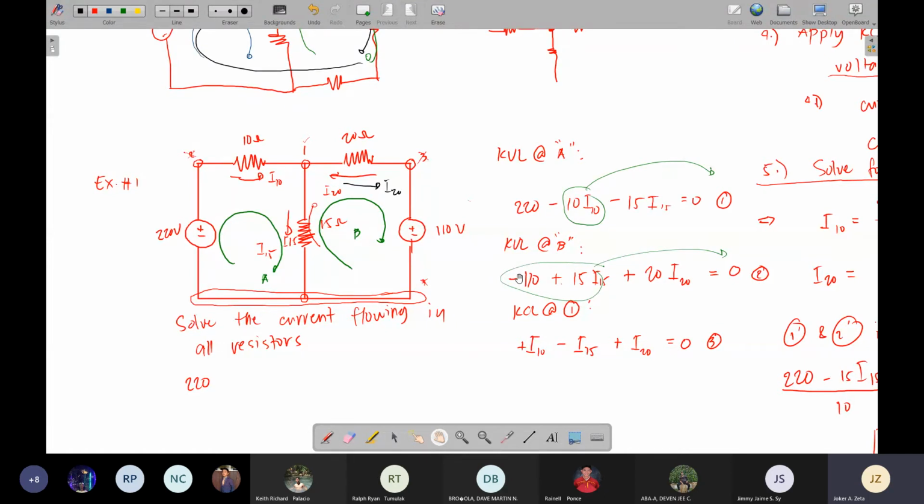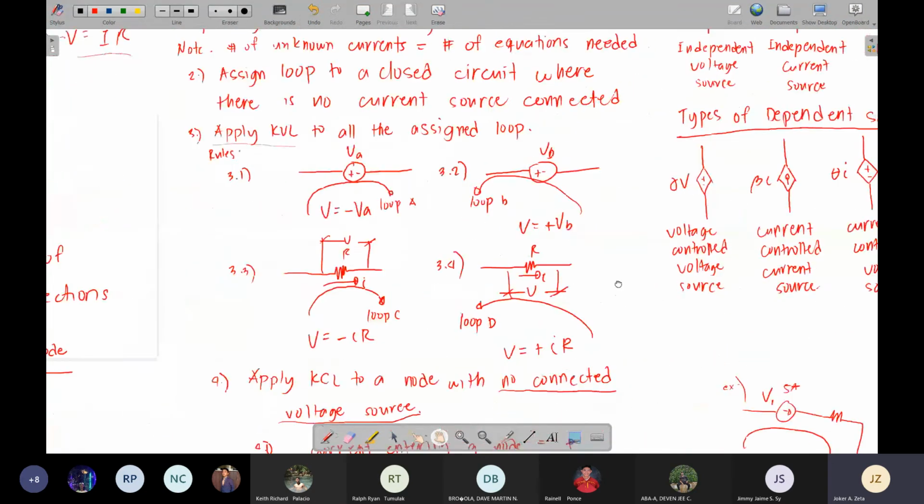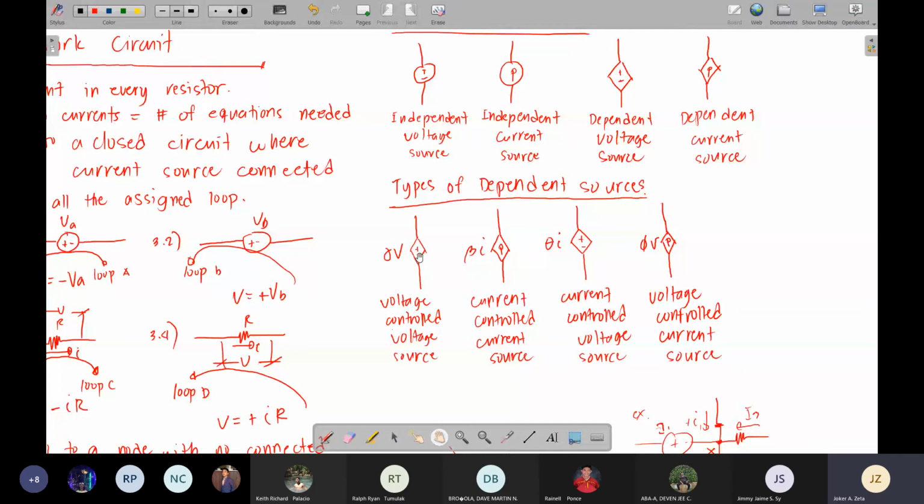Now, this one. As you can see, our circuit has no current source there, sir. Okay, voltage source only. Let's say we have an example with a current source. And also, let's say we have a dependent source. What will happen if there is a dependent source?